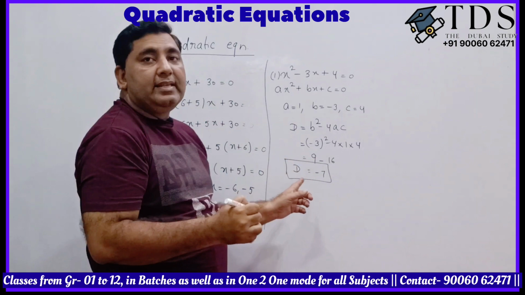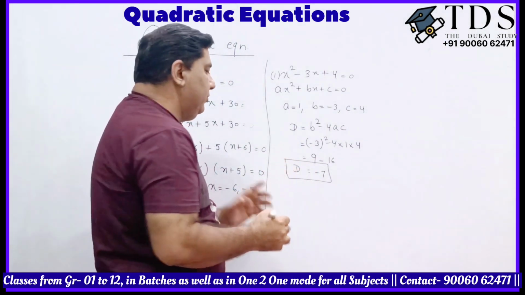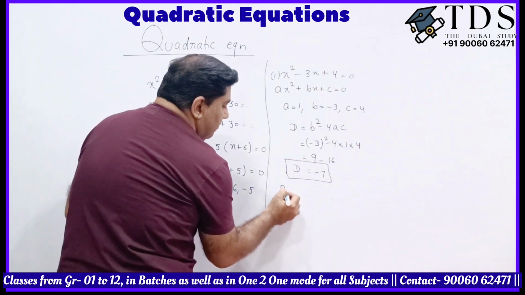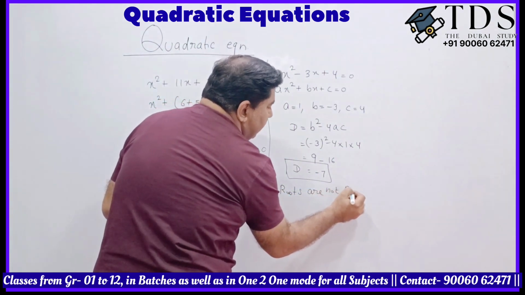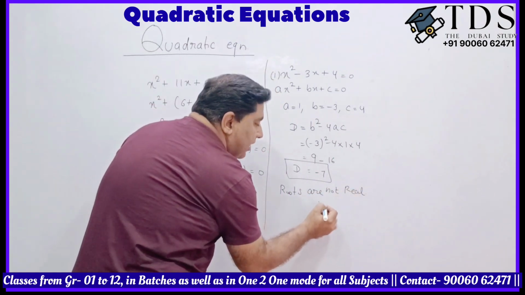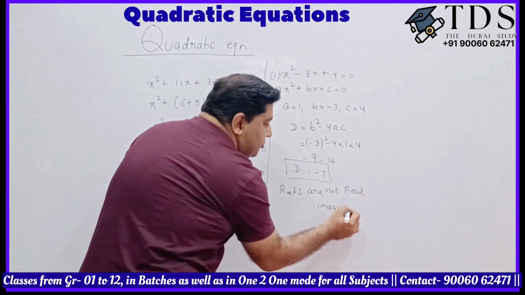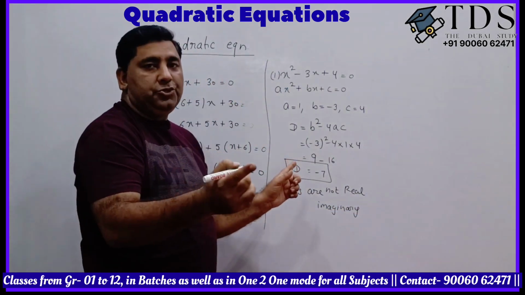If you get the discriminant negative, you will say roots are not real, or you can say the roots are imaginary. So D shows the nature of the roots.